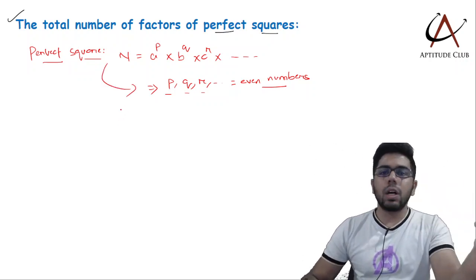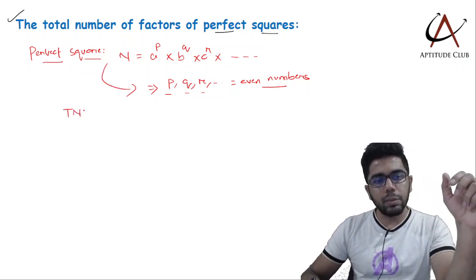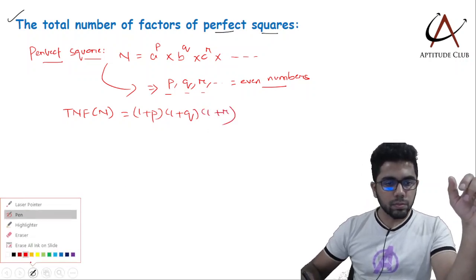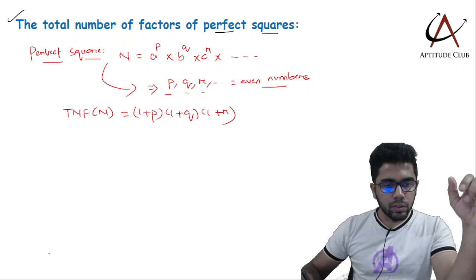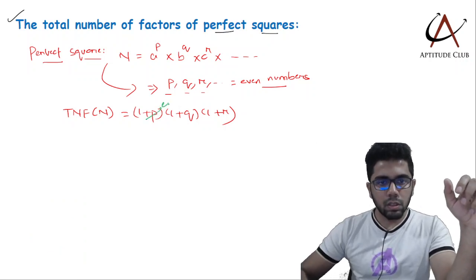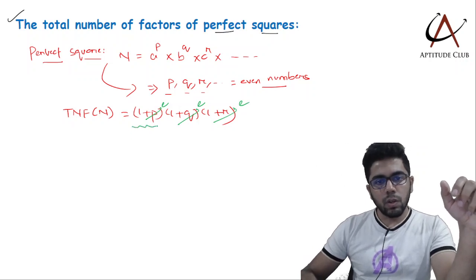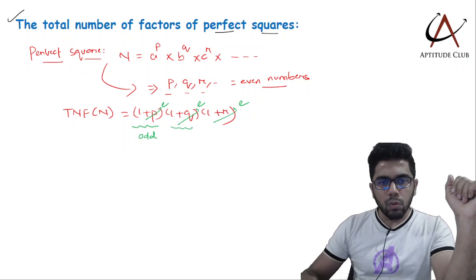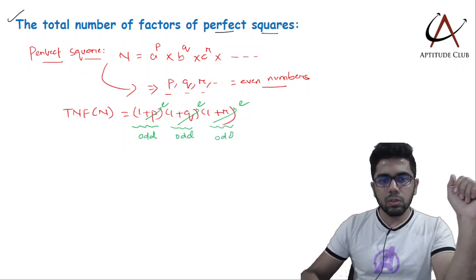And if p, q, r are even numbers, then let's see what happens to the total number of factors formula. Total number of factors is (1 plus p) into (1 plus q) into (1 plus r). Now think about this. If p is an even number, q is an even number, r is an even number, then 1 plus p becomes odd because 1 plus an even number is an odd number. 1 plus q also becomes odd and 1 plus r also becomes odd.